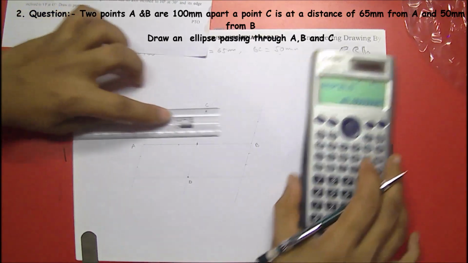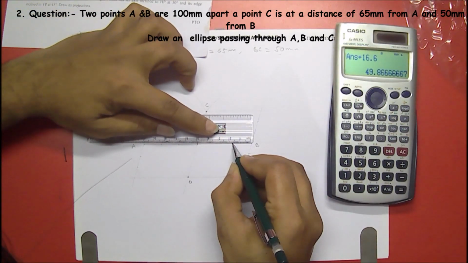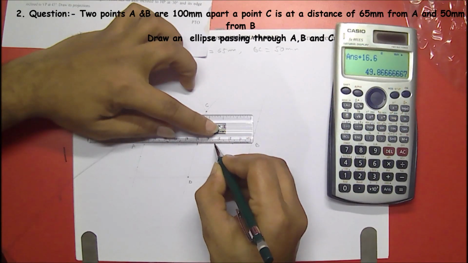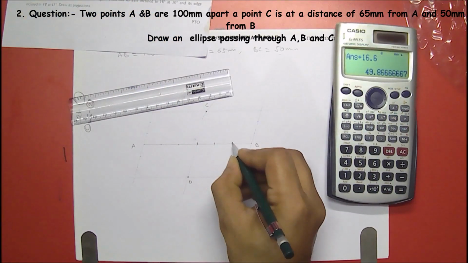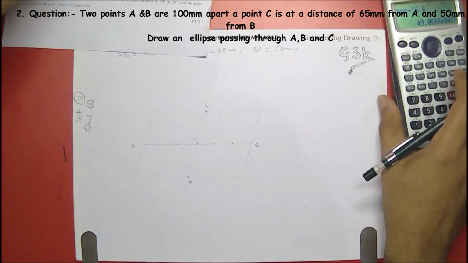Another would be 49.8. 16.6, 33.2, right? These points are the divisions of the major axis and the minor axis.